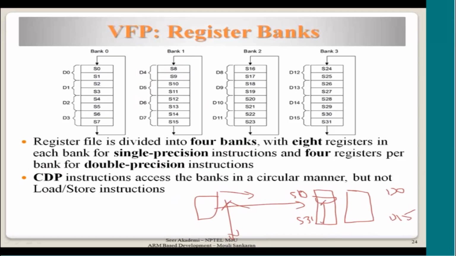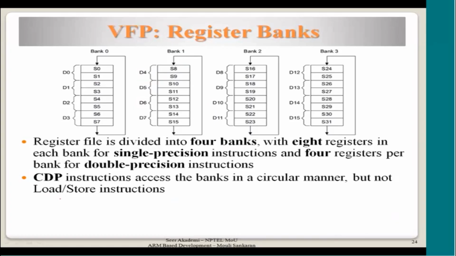It will not wrap around. Please remember, load store instructions do not wrap around. They operate from a lower register number to a higher register number. It is the same as our ARM processor. So they don't treat or access these banks of registers in a circular manner.